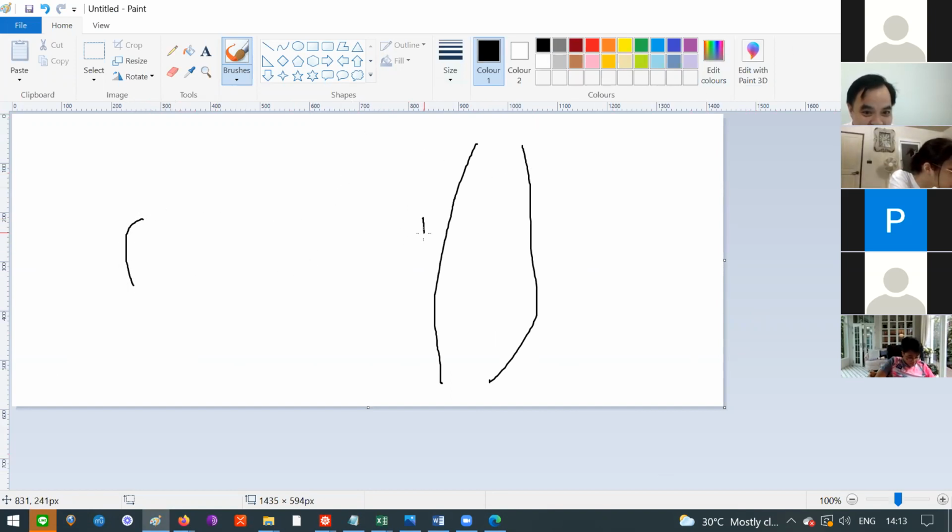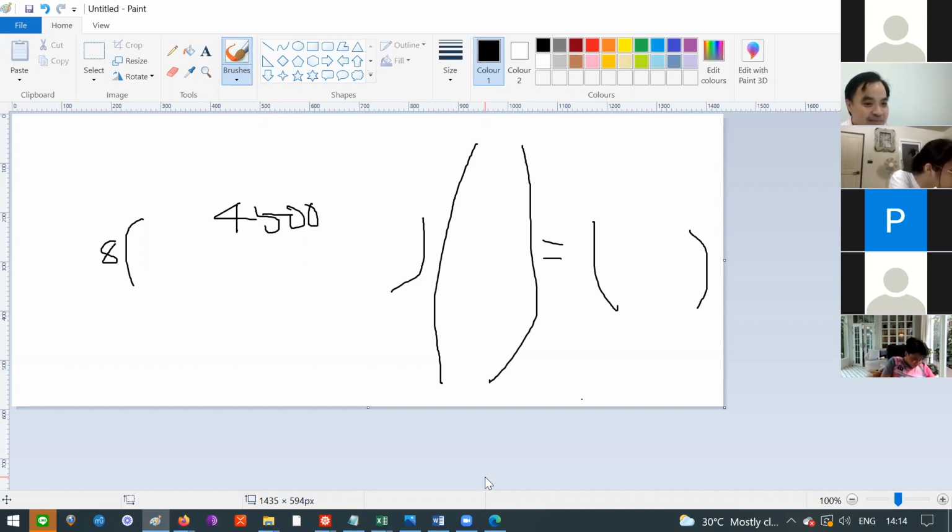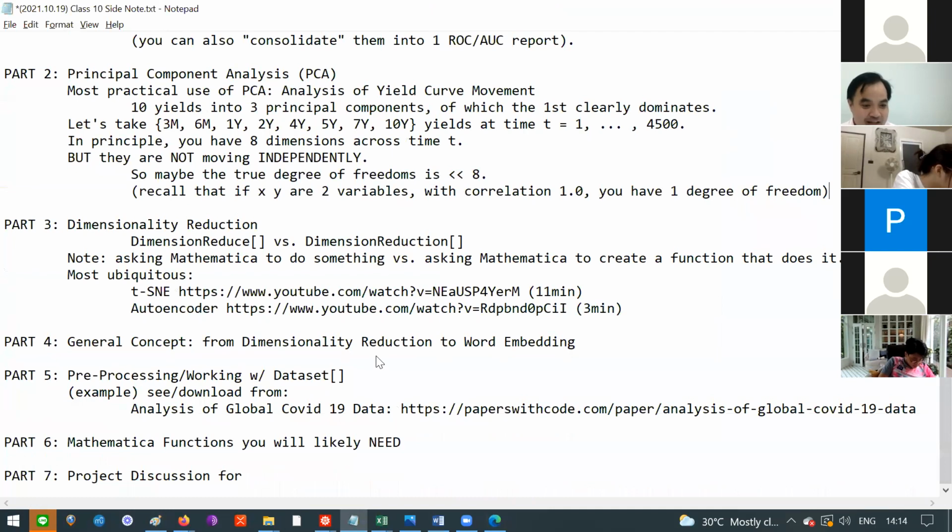If I take the transpose of it, and this is 8, and this is 4,500, it's going to be an 8 by 8 matrix, right? 8 by 4,500 times 4,500 by 8 is going to end up being 8 by 8. And that's exactly what this is.